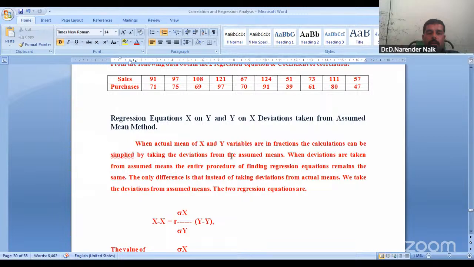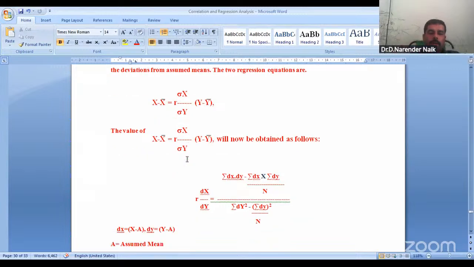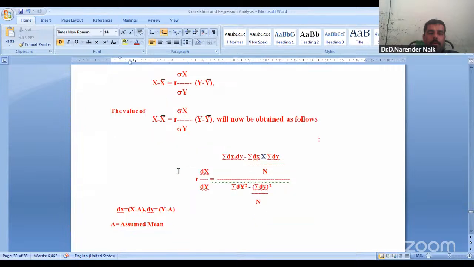The two regression equations are here. x minus x bar is equal to r into standard deviation x by standard deviation y into y minus y bar. The value of x minus x bar is equal to r into standard deviation x by standard deviation y into y minus y bar, which will now be obtained as follows. You observe carefully.